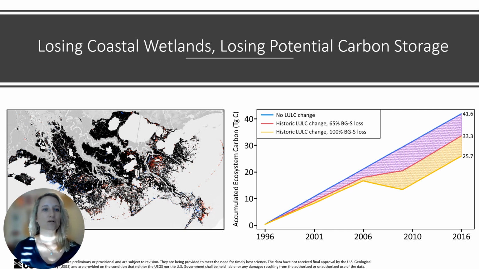And while overall we still saw an increase in carbon, so accumulation of carbon over time, the loss of the wetlands really represents that lost potential carbon, the loss of the potential carbon sequestration that could have happened with restoration. So our goal is to help these managers and policymakers understand and quantify the impacts of wetland restoration, but also the impacts of potential wetland loss in the future.